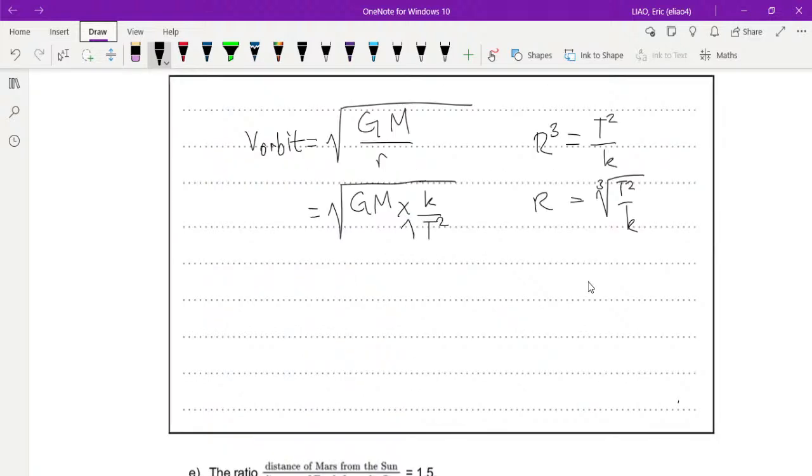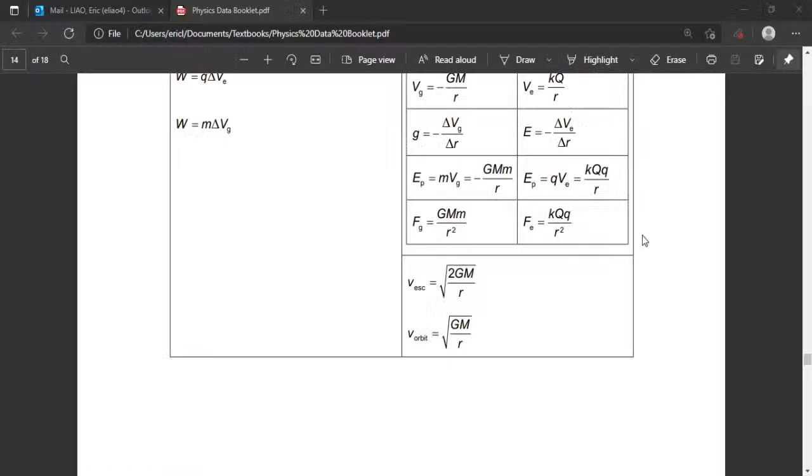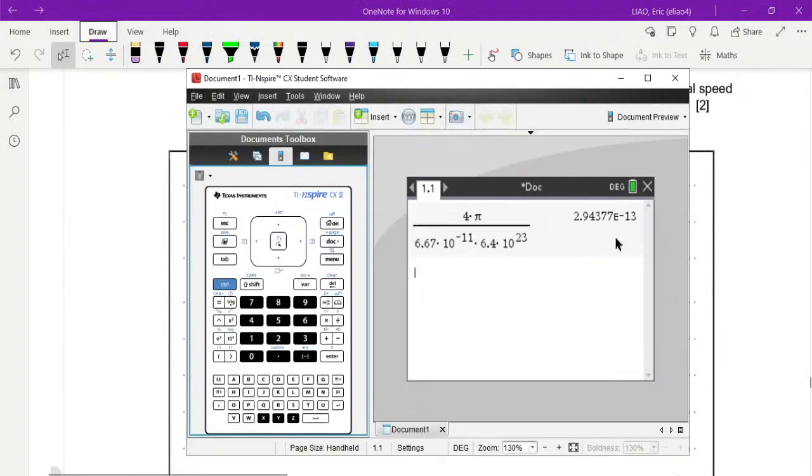We will pray that this works, because I don't know if the R that they're talking about is equivalent. Whatever, we will see how it goes.